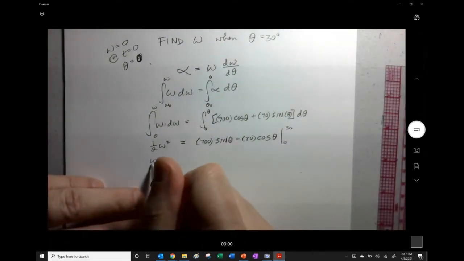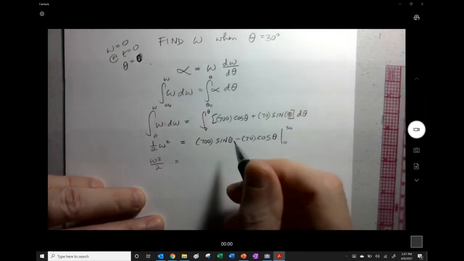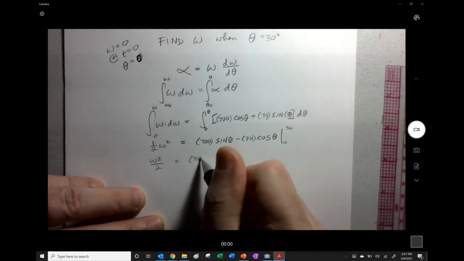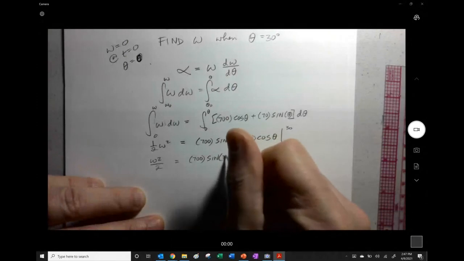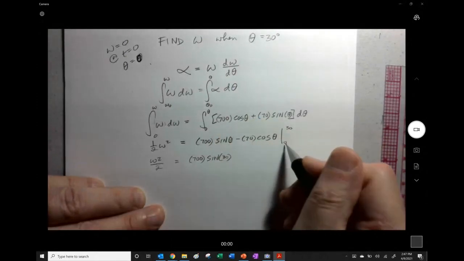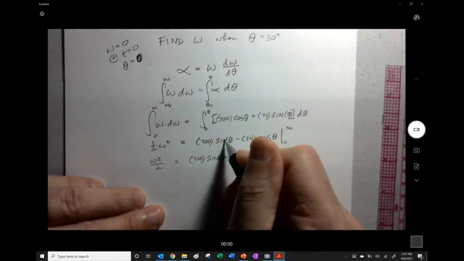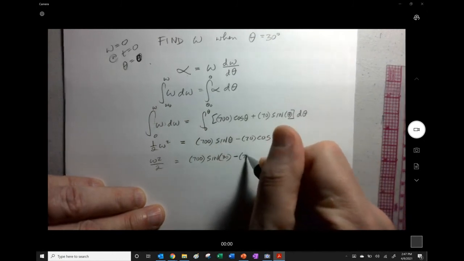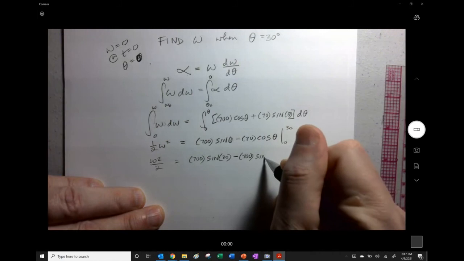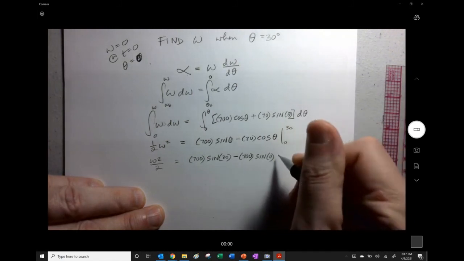So omega squared over 2 is equal to 700 sine of 30 minus sine of 0, which is 0. Minus 700 sine of 0.